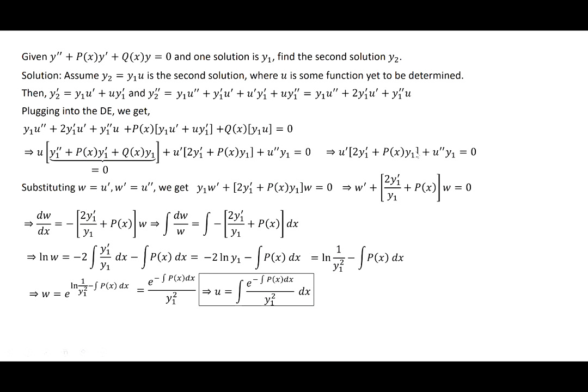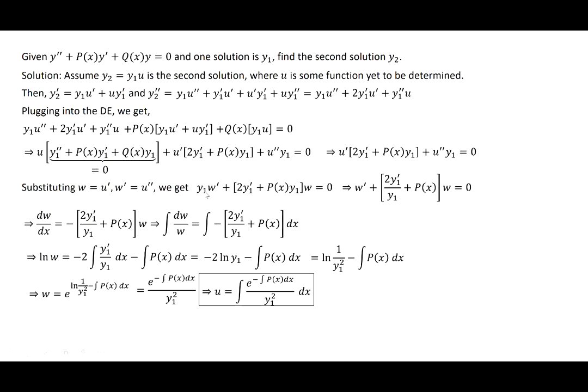Well, we seem to have a second order differential equation now. But in reality, this is not quite a second order differential equation. That is because the moment we plug in w equals u prime, which means w prime is u double prime, this equation reduces to y1 w prime, plus all of this times just w, because u prime is w, and that's equal to 0.